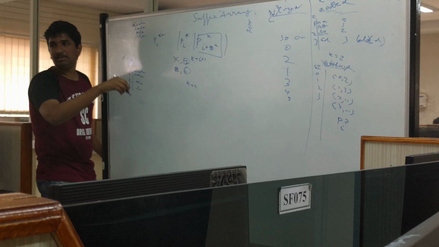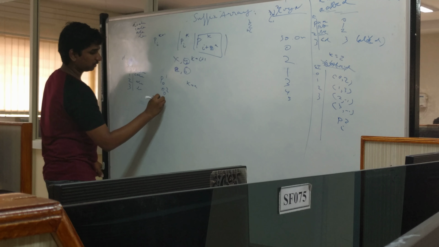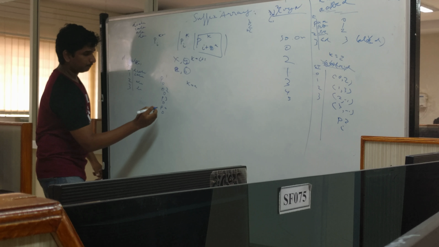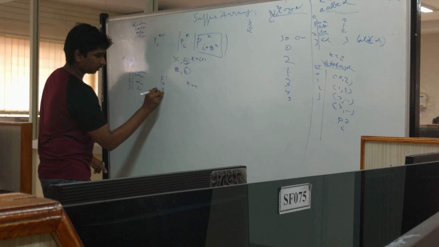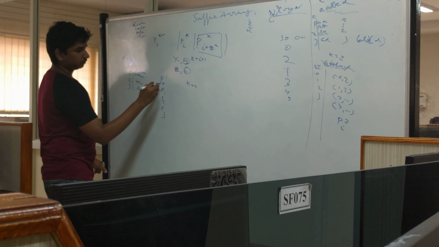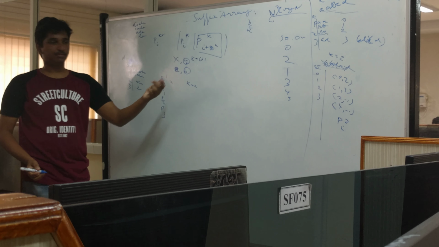And I draw the table itself. So it is P0 of 1. P0 of 1 was comparing the first 2 characters of the 0th string.